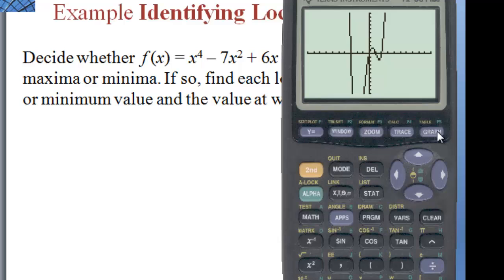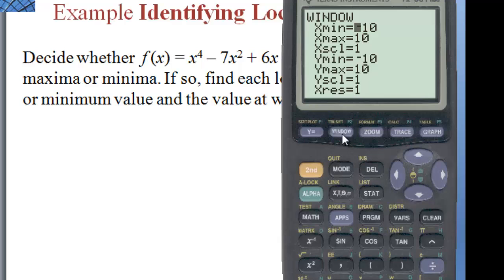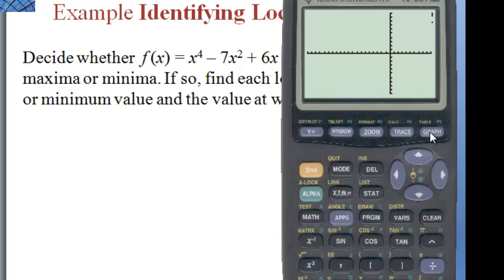We want to make our window a little bit bigger. Go to Window. Here our x minimum goes to -10, maximum is 10. So let's go to -20 on this one. See if that gets, oops, that was our x's. Didn't mean to do that. Let's try again.